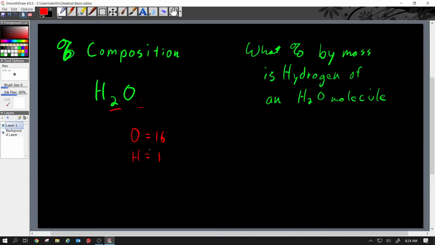So the oxygen is 16 times as massive as the hydrogen is. So we can't just look at the numbers of atoms. That is not going to be okay for us.